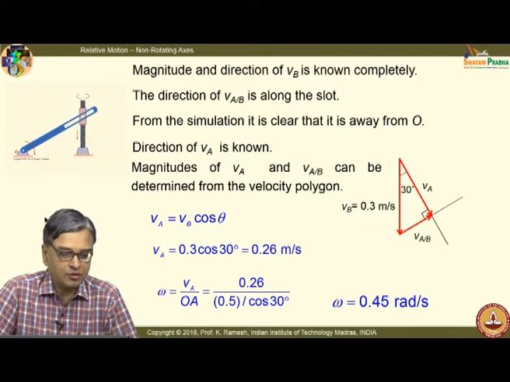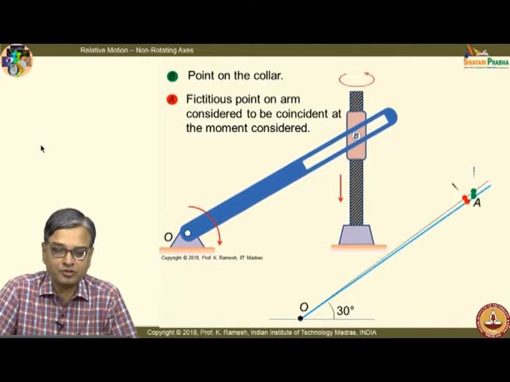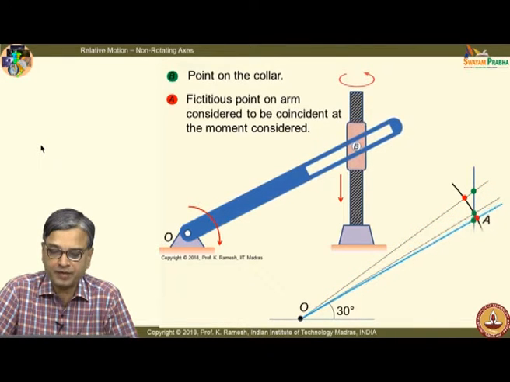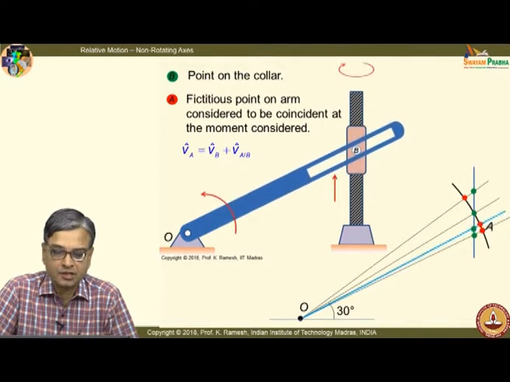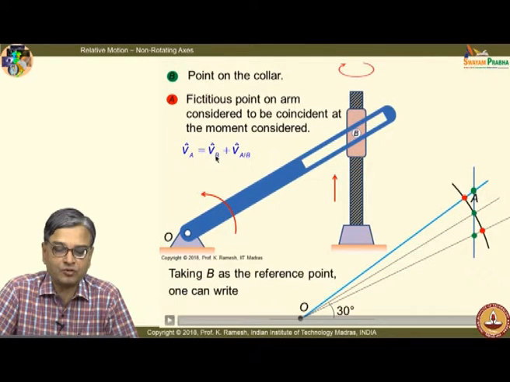We would also solve it by vectorial calculus. And before we get into that, we should again go and look at the motions, otherwise we will not be in a position to write the vectors properly. So, I know the relative velocity equation as VA equal to VB plus VAB.